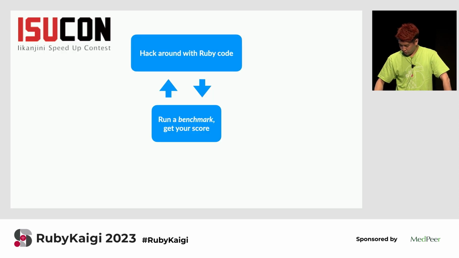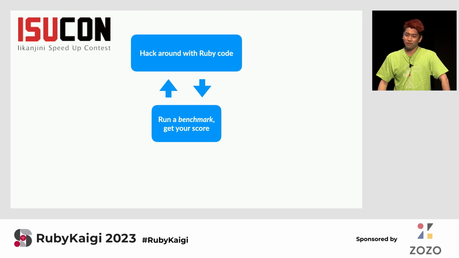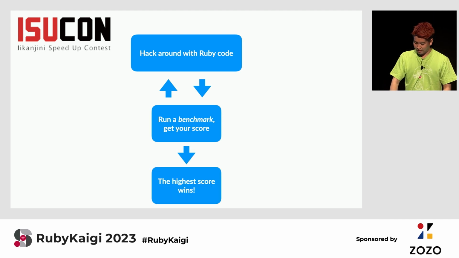So the main loop is that contestants hack around with Ruby code, then run the benchmark, get your score, get baffled, maybe joy, and do it over and over. The team with the highest score will win.